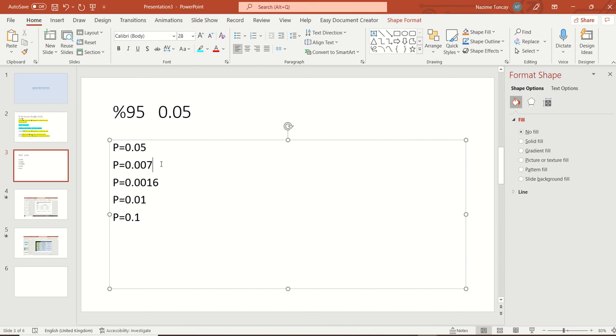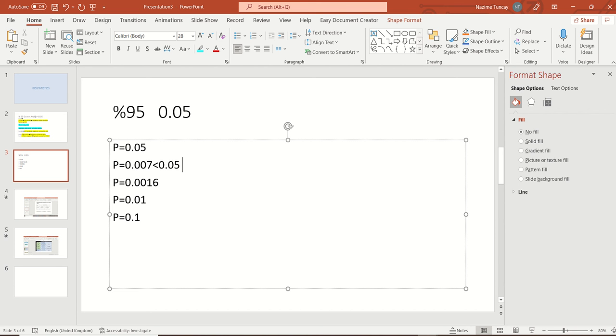Here, is this smaller than 0.05? Is it smaller or bigger? Who's going to tell me? Smaller? Bigger? Small. Okay, smaller than 0.05.